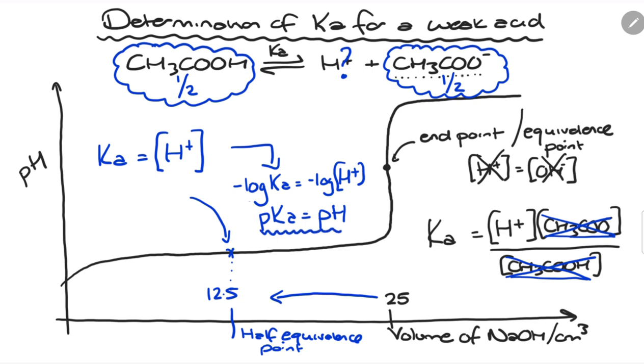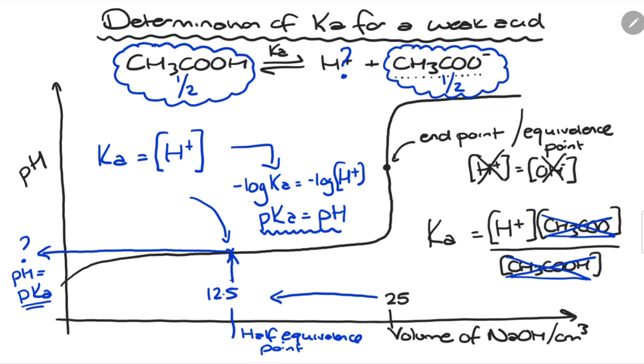Which means if I can plot my titration curve and I can calculate where my half equivalence point is, so I know it's at 12.5 centimeters cubed of volume added in this example. If I then subsequently read off the pH and get a value, that value is equal to pH, because that's the scale on the axis, but I know that here pH equals pKa.